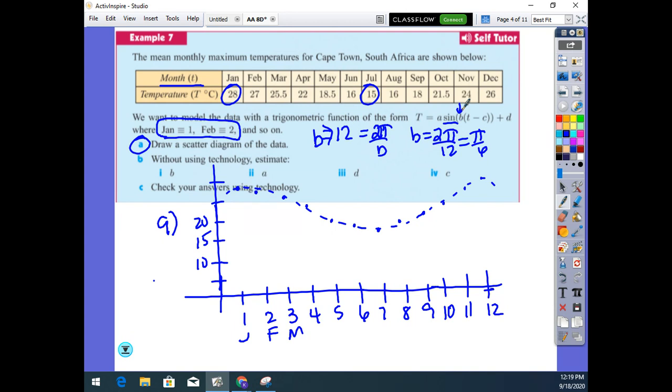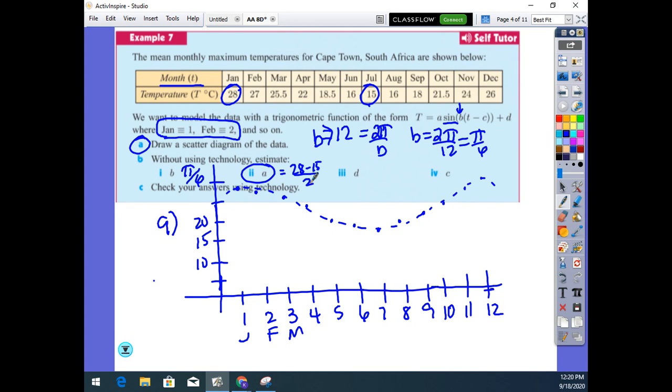All right. Next, we're supposed to estimate A. I'm going to put these into place here. So what is A? A is our amplitude. To find amplitude, we take our high minus our low, divided by 2. The difference of the high and the low, and then half of that.